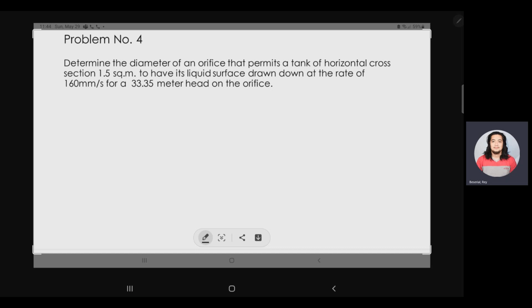Determine the diameter of orifice that permits a tank of horizontal cross-section 1.5 square meter to have its liquid surface drawn down at the rate of 160 millimeter per second for a 3.35 meters head on the orifice.